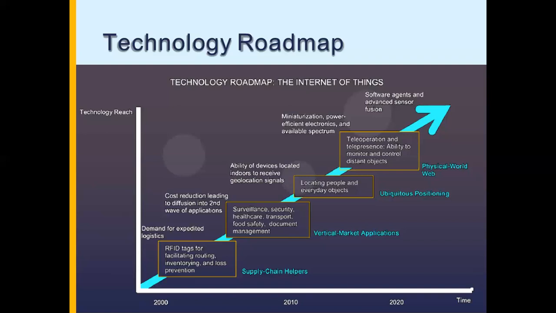Later on, we came up with the physical world web, teleoperations and telepresence. In that, there is the ability to monitor and control distant objects, software agents and advanced info sensor fusion. This is what we call the technology roadmap of IoT. It starts from RFID and extends to teleoperation and telepresence.